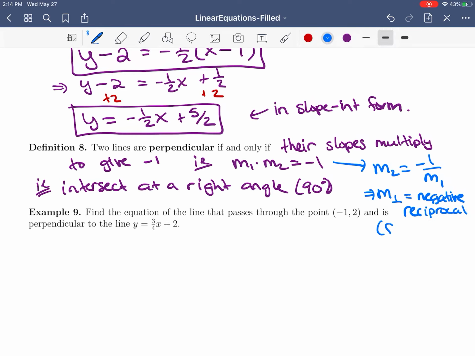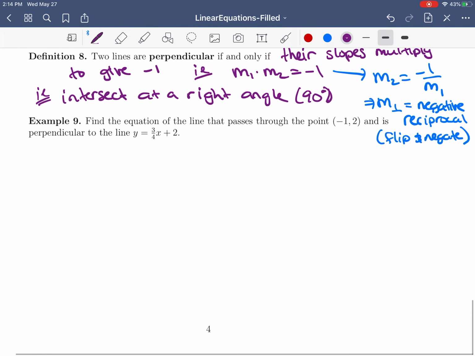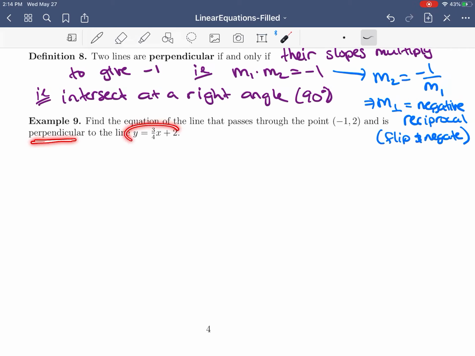So you flip and negate to get the other slope. Okay, so one more example. We want to find the equation of the line that passes through the point negative 1, 2 and is perpendicular to this line, y equals 3/4 x plus 2.